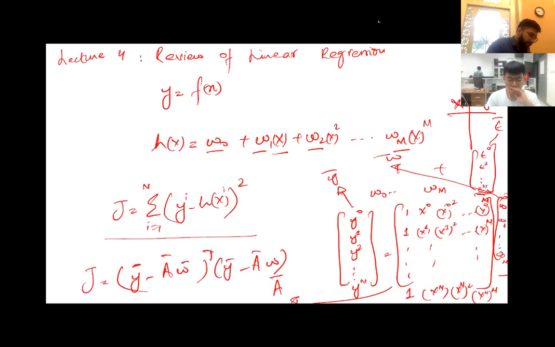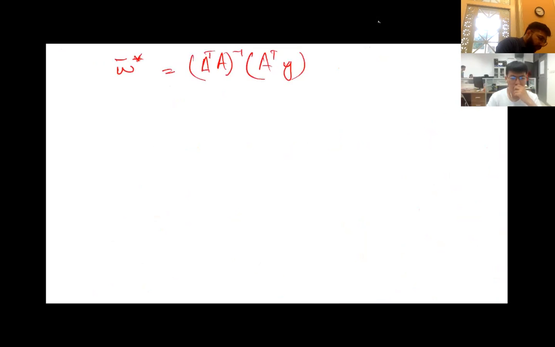Okay, and we found the minima. This is a convex function, so a stationary point is a minima. And we found that the minima is the vector W star equals A transpose A inverse A transpose Y, where W star is the minima.